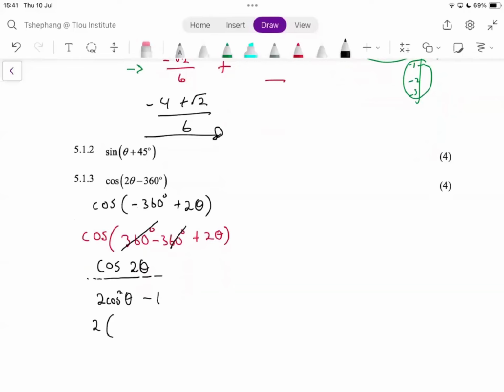What do I know about cos of theta? It's what? Negative 4 over 3 root 2. And then square it, minus 1. I hope everyone is with me so far. If I've lost you, remember to utilize the chat to ask your questions. I think we're all on the same page.